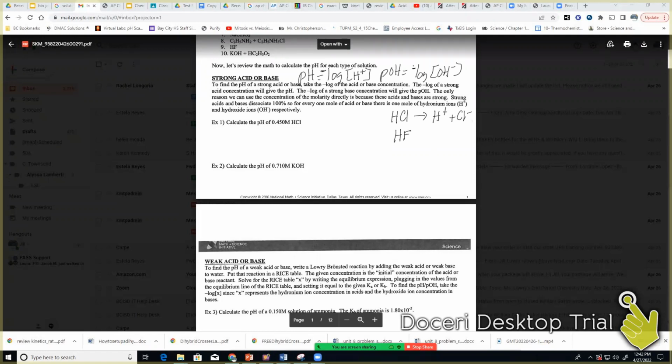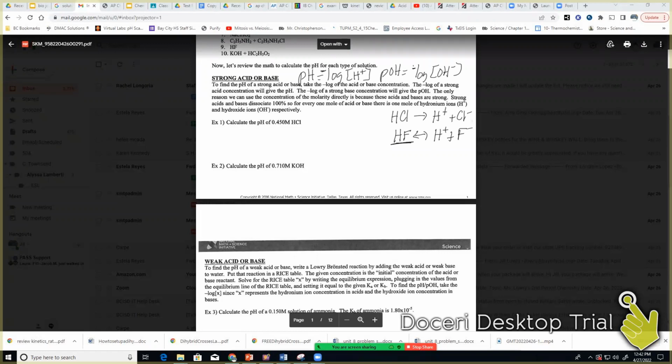If I have hydrofluoric acid, we can write the ions, but this is a reversible reaction, and it's going to exist as the intact molecule a lot more. So that's the definition. Same thing with my base: the more it ionizes, the stronger base it is considered to be.